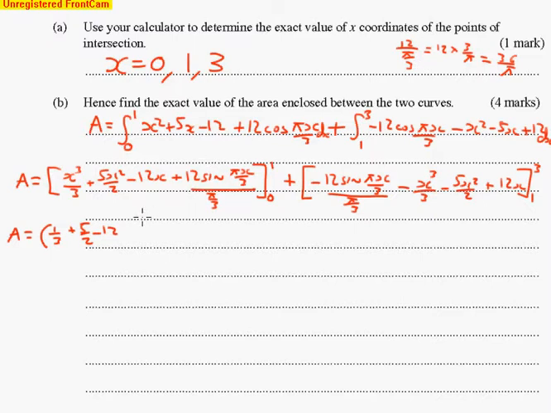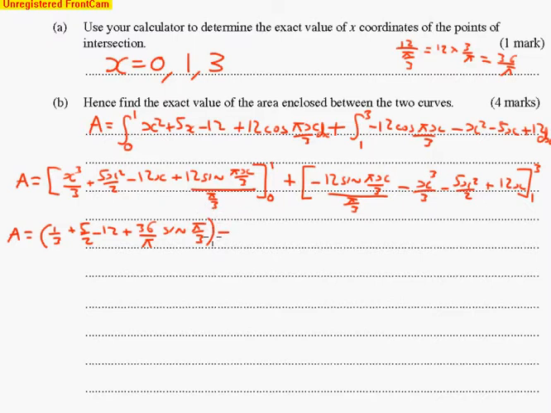So what we get here is plus 36 over pi times the sine. Now putting 1 in, we get pi on 3. So that's putting the 1 in.